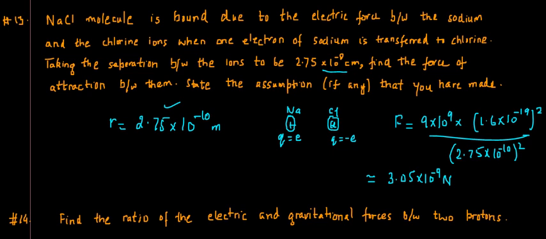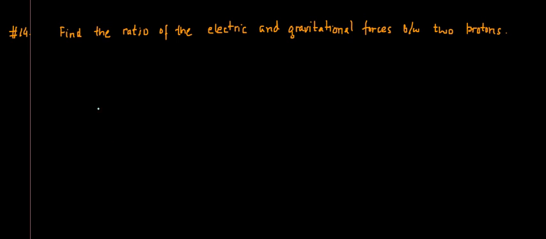Okay. In the next question, we have to find the ratio of the electric and the gravitational forces between two protons. So if you take two protons, this is one proton, there's another proton. A proton has a charge equal to plus e, and of course a proton also has a mass, mass m_p.